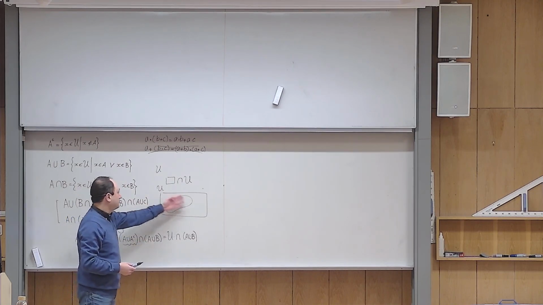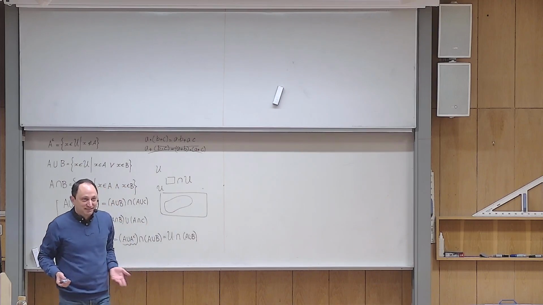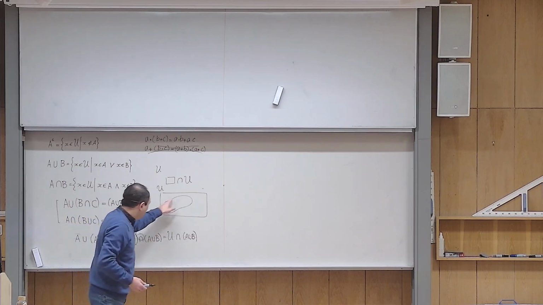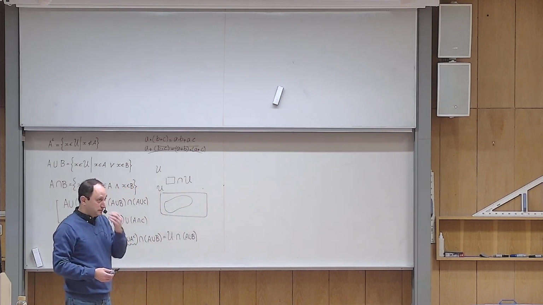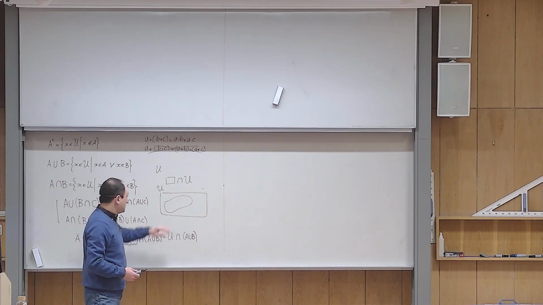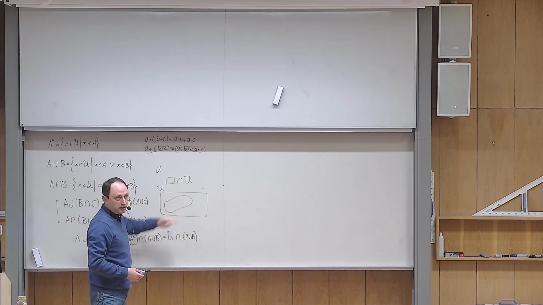Where is the overlap of this curly thing here and the rectangle? The overlap is this one. Yeah, that's the overlap.